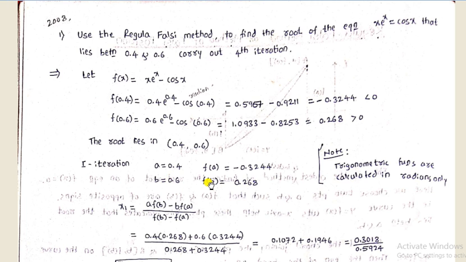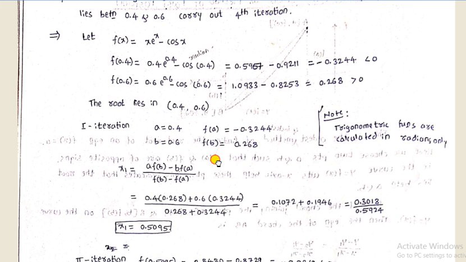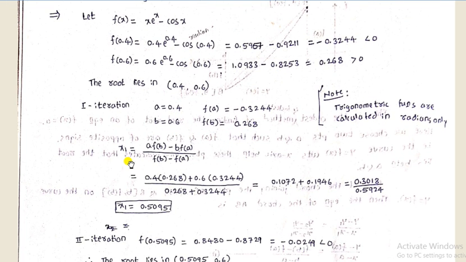So now use these values in the Regula Falsi formula. First iteration, x1 is equal to a f of b minus b f of a, whole divided by f of b minus f of a.